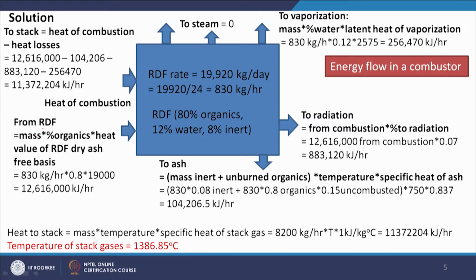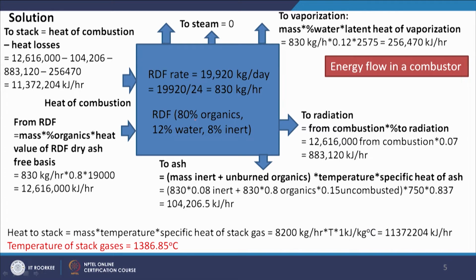Okay. So, here we will get the mass and percentage of organics into heating value of RDF, dry ash-free basis, because it is given that 80% organics, 12% water, 8% inert. So, inert will not give any heat, 12% water will not give any heat, and 80% organics basically will be giving us heat.